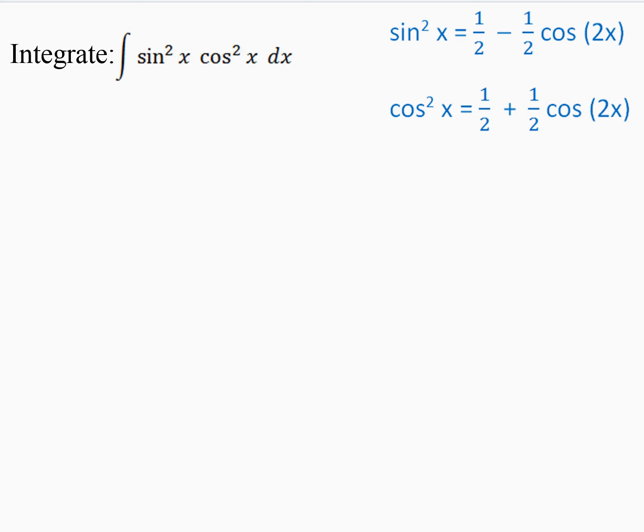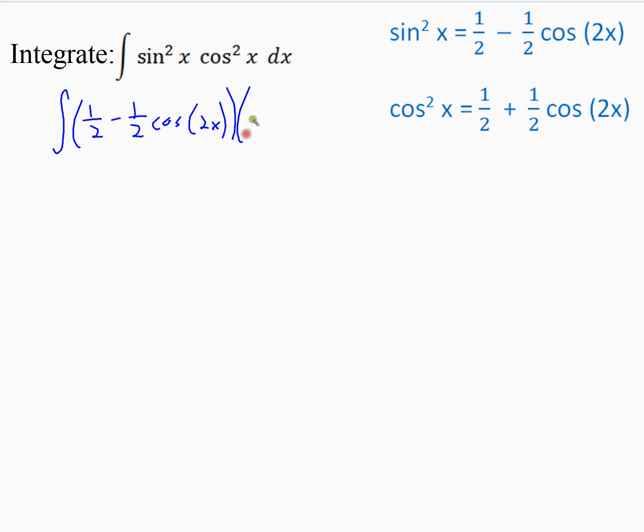Moving on to another one, this has two even functions, and so we can't use our other method. Or maybe we could, but here we're just going to use this method that we learned today. We can go ahead and substitute. So using our identities here, we got a 1/2 minus 1/2 cosine of 2x.